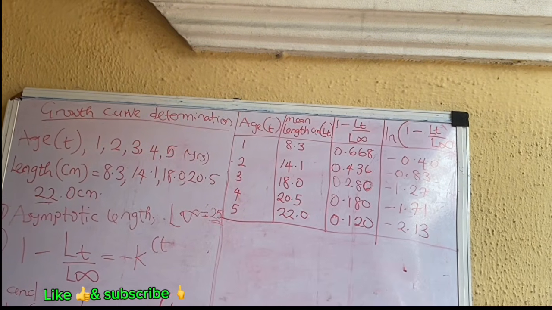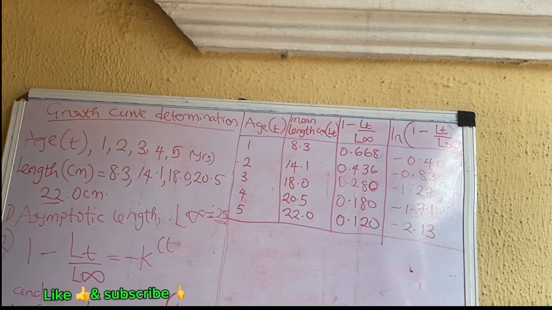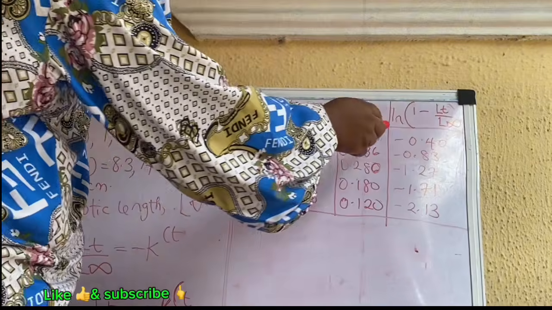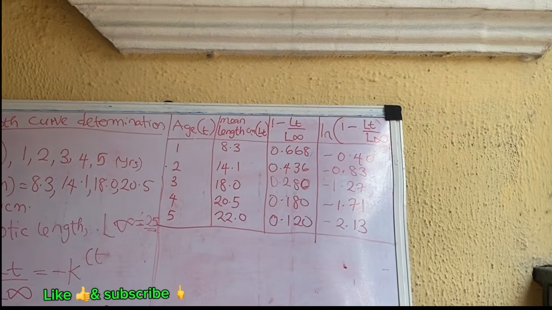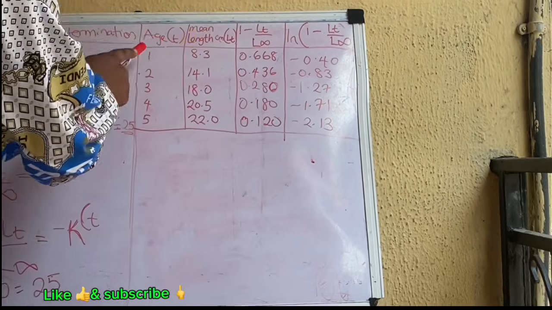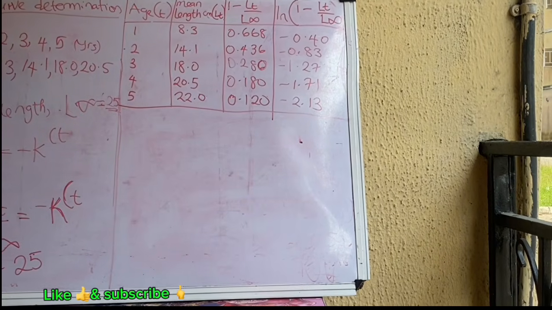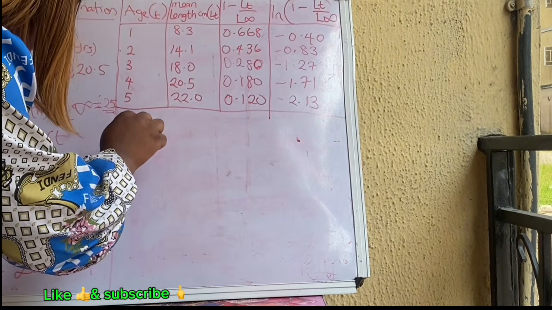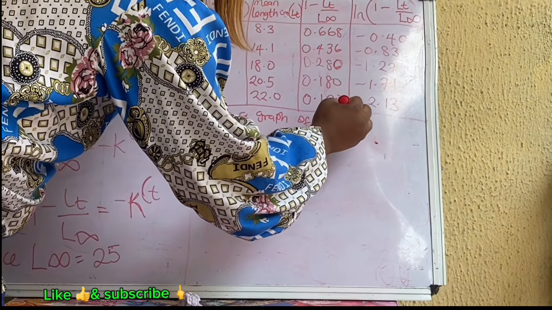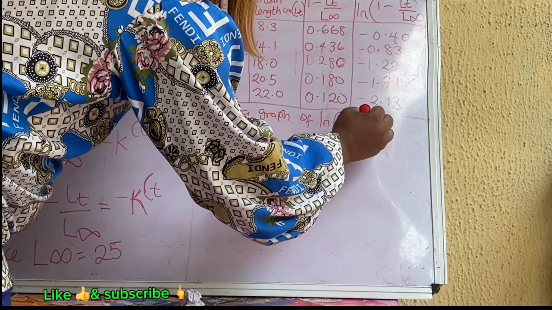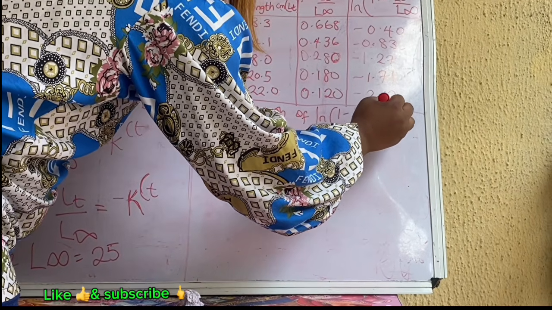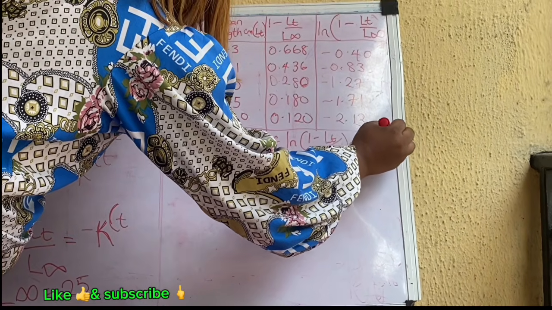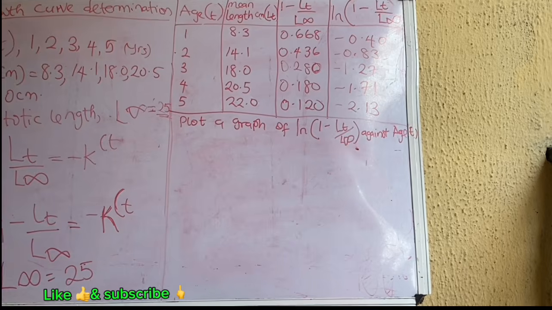The next thing you do is plot a graph. You use the ln factor and t, which is the age. The ln factor will be on the y-axis and the age on the x-axis. This is the graph of ln of Lt over L asymptotic against the age, t.